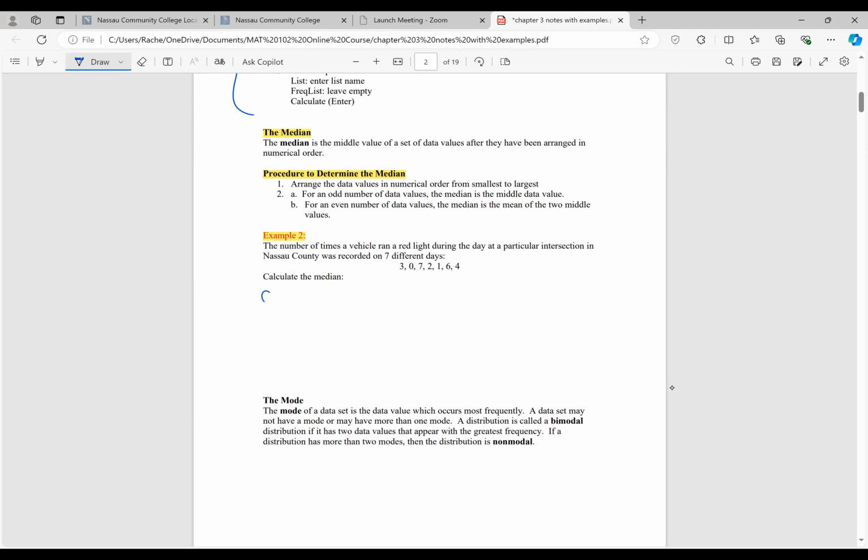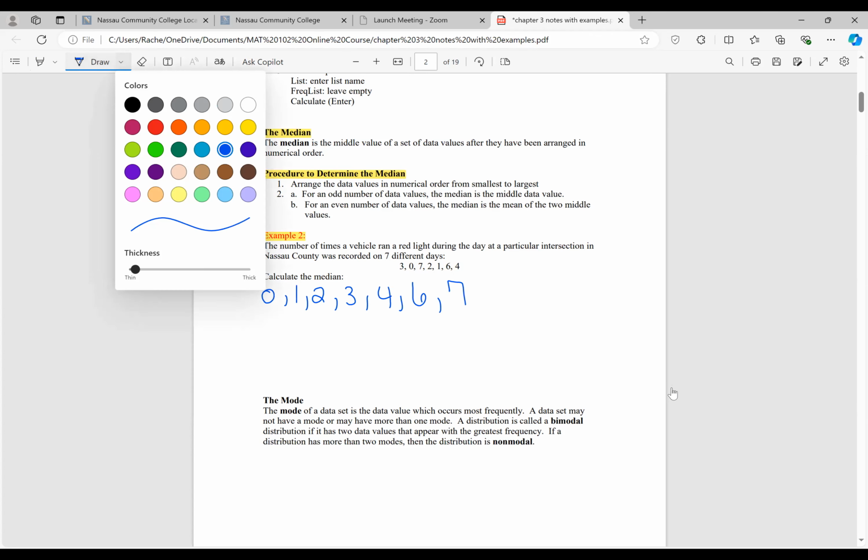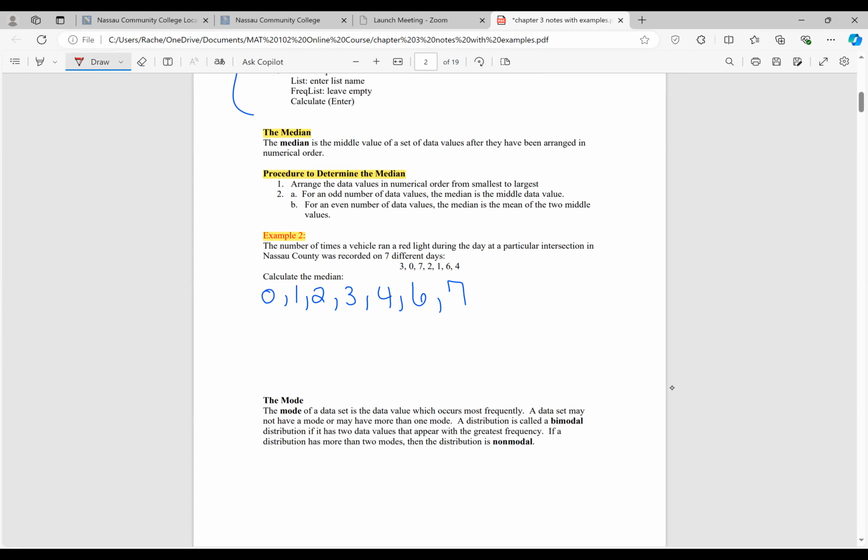So we're going to have 0, 1, 2, 3, 4, 6, and 7. So now my data values are in order from lowest to highest. And now what we're going to do is we're going to find the middle number. And we have an odd number of data values because there's 7 of them.